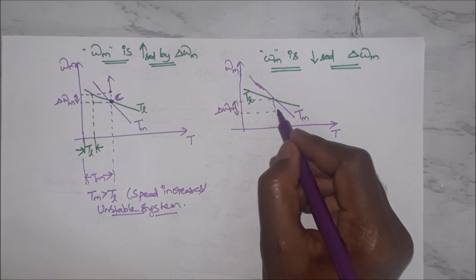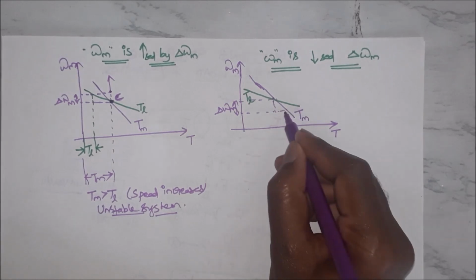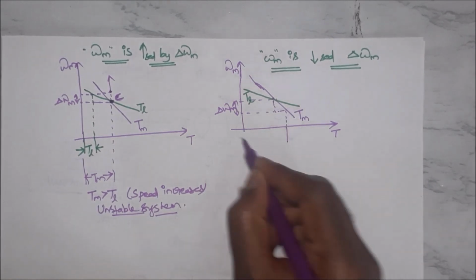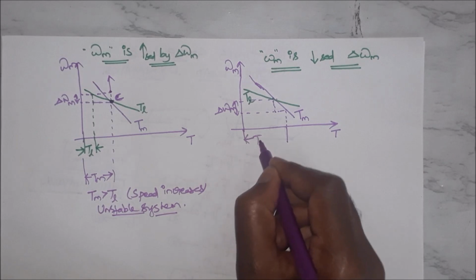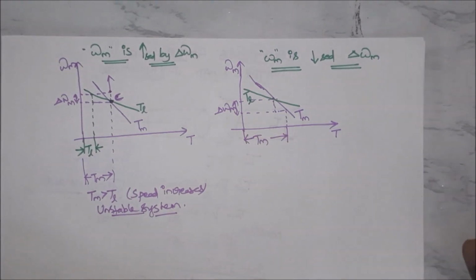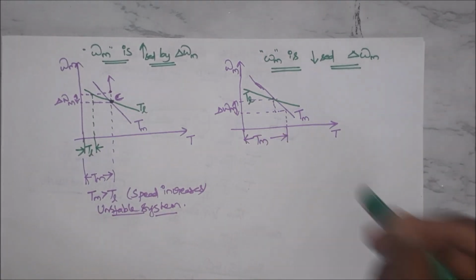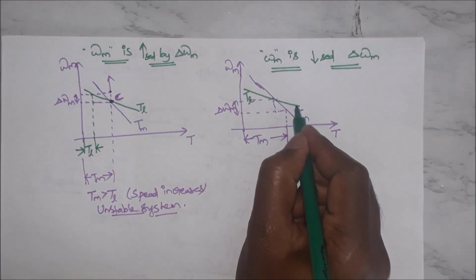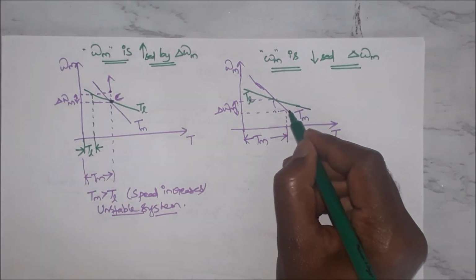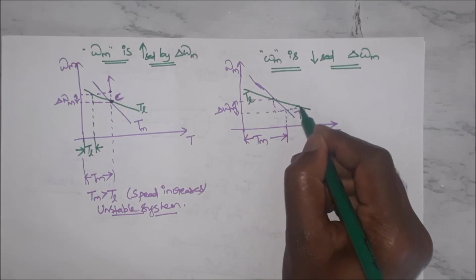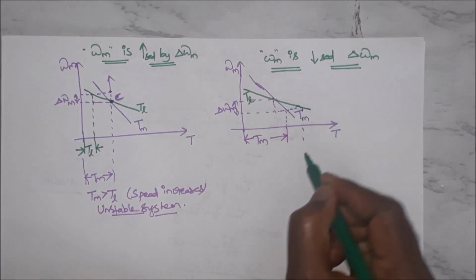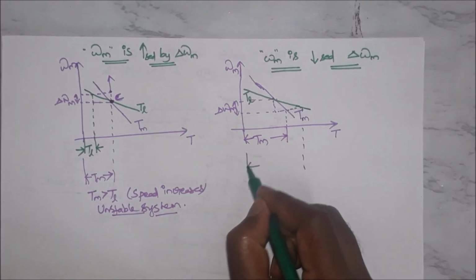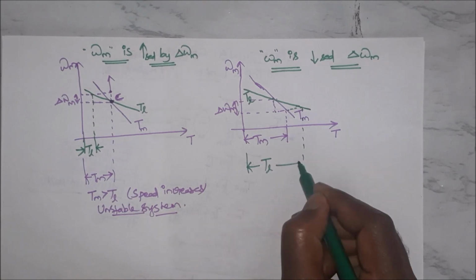In order to find the value of Tm, I have to stretch this line up to the Tm line. So this much is your Tm value. Do the same for TL: stretch your line towards TL, and you will be able to find the value of TL.